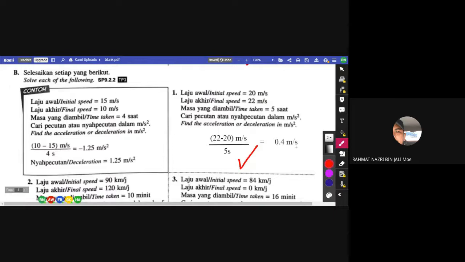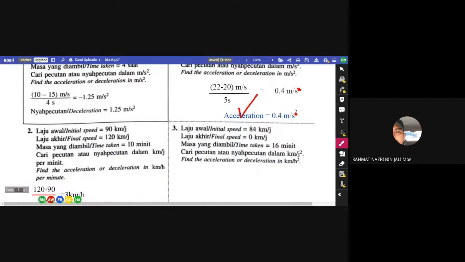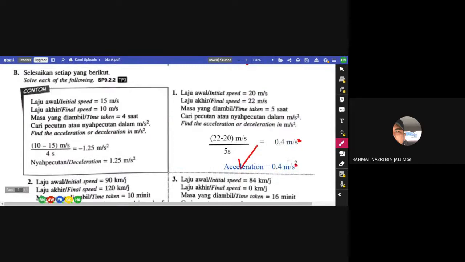0.4 is correct, but the unit here, we have s squared, meter per second per second. Or you can write m/s per second. That is the way. You must put s to the power of 2 because this is s squared. Okay, number 2.